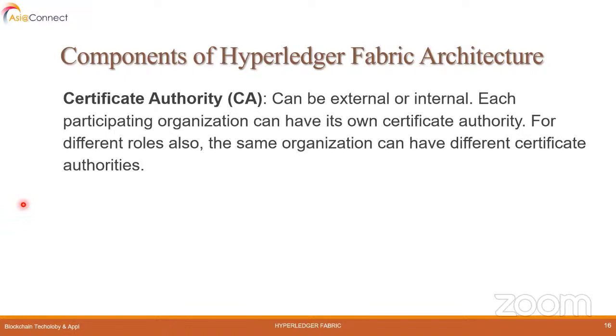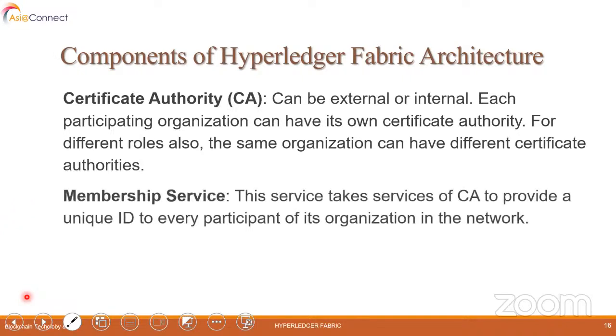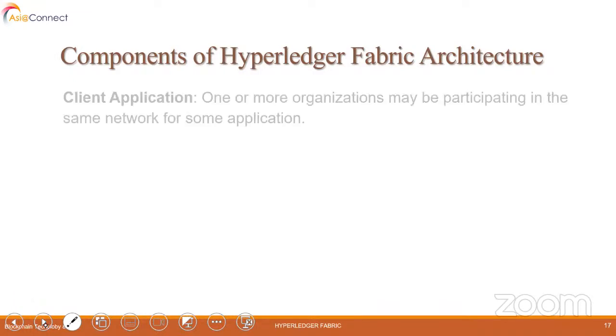For a faculty, Dean Faculty is the certificate authority. For many other things, the registrar could be the certificate authority for IIIT DMJ. And then there's something called membership services that I told you takes services of the CA to provide a unique ID to every participant of its organization in the network.